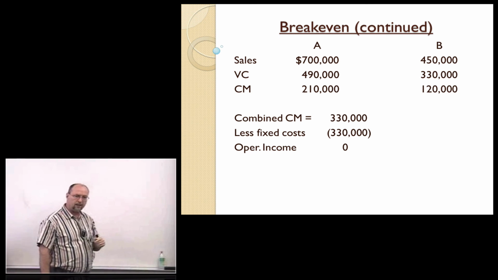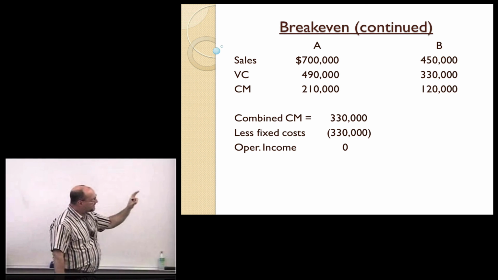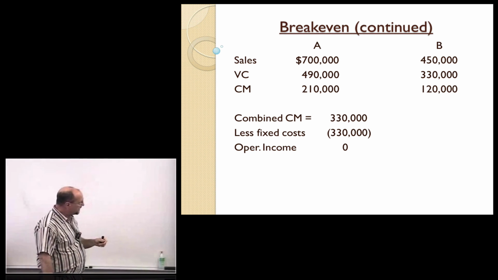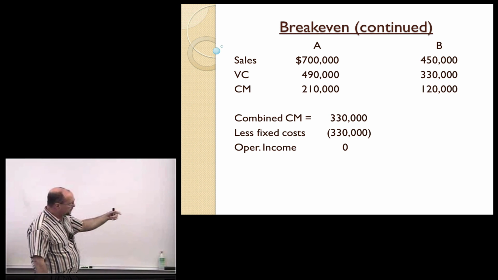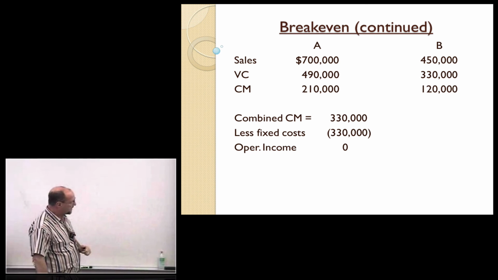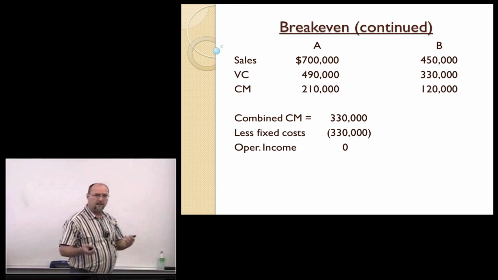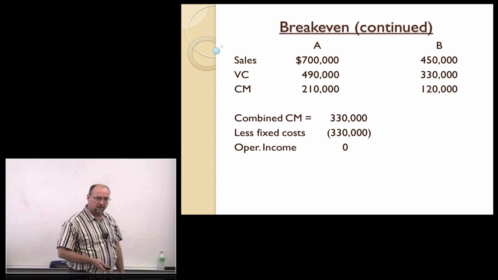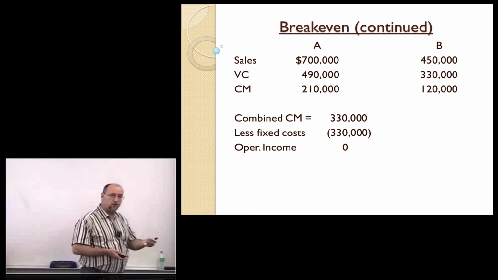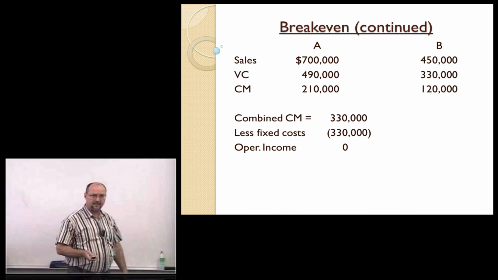You can go back on your own and plug these in, and in fact it's a good idea for you to do that, and then plug in these numbers and you will see that the contribution margin in total for the 2 products, 210 plus 120, gives you a combined contribution margin of 330. There's our fixed cost, 330. We did in fact break even. So it's useful even when you have 2, 3, 4, 5 products, providing you have a reliable sales mix.